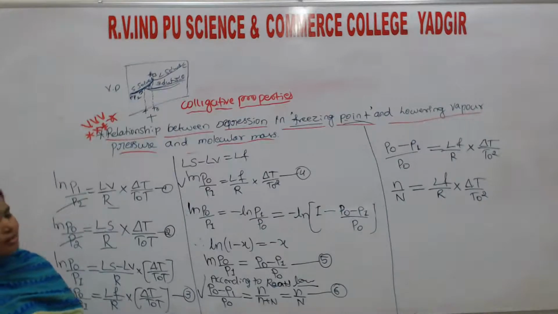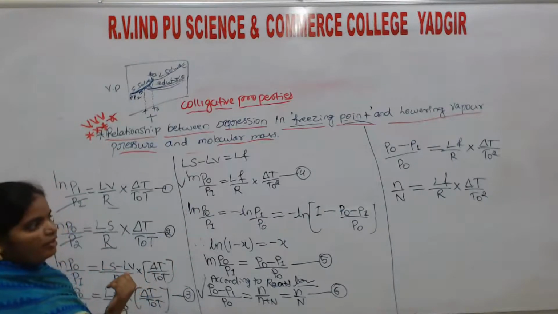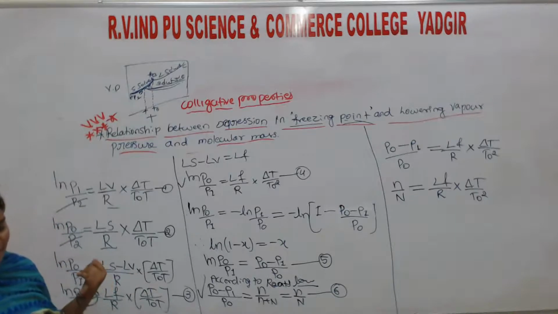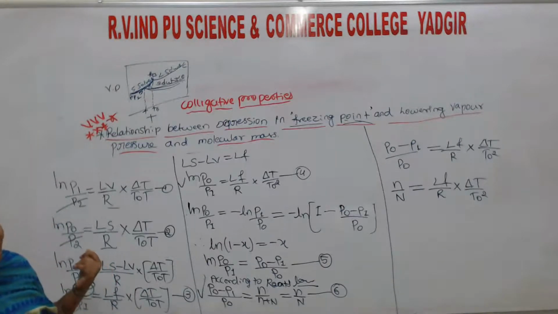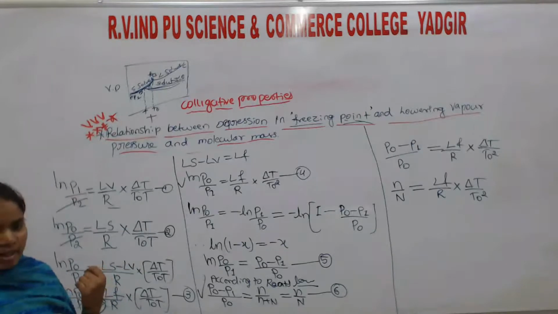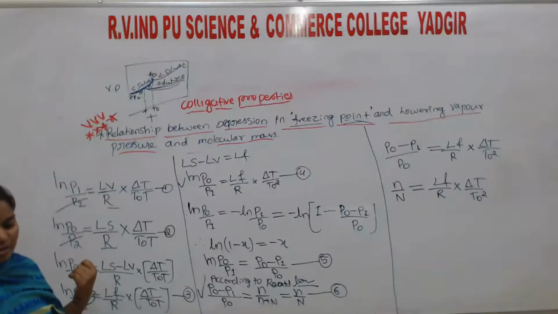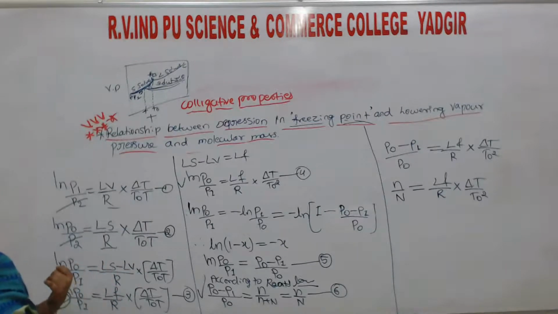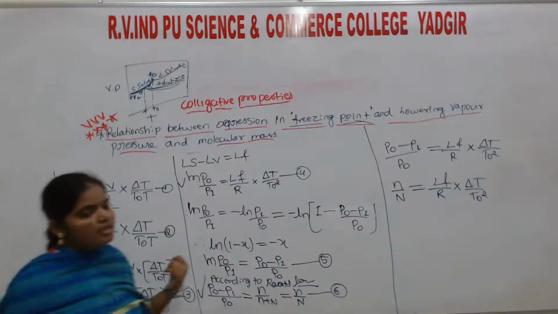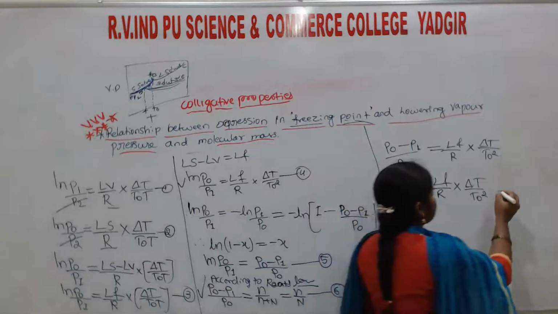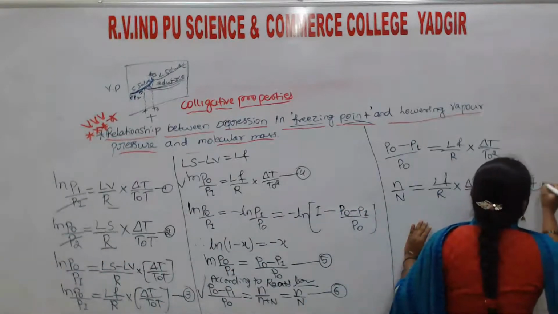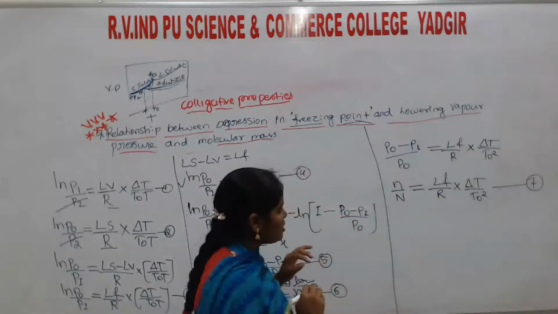Here you take this side, the delta T, what happens? The delta T is equal to n by N into R T naught square divided by LF. This is equation number 7.